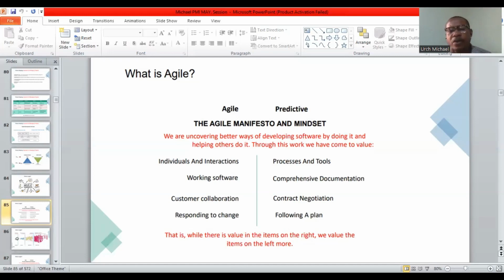And also we have customer collaboration. It's better to collaborate with your customers, your clients, your vendors, the people you're dealing with, your contractors, than coming into contract negotiation.